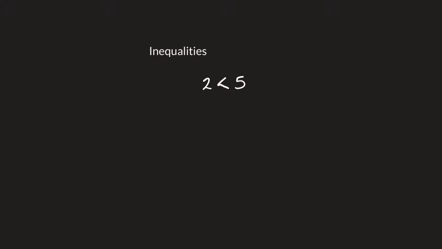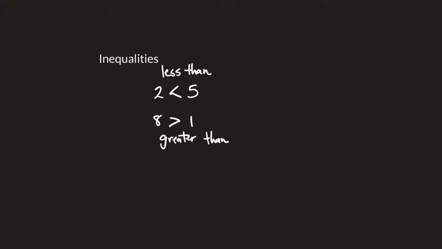So this is the less than inequality. Then we could have something like 8 is greater than 1. So this is the greater than inequality. But now we can also do something else. We could have this.